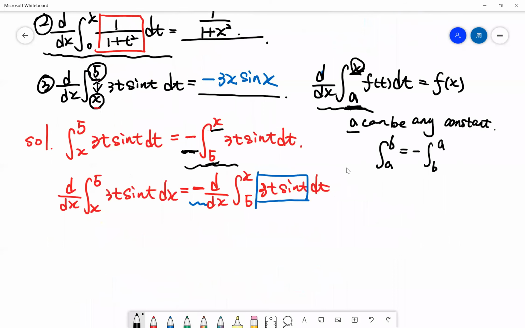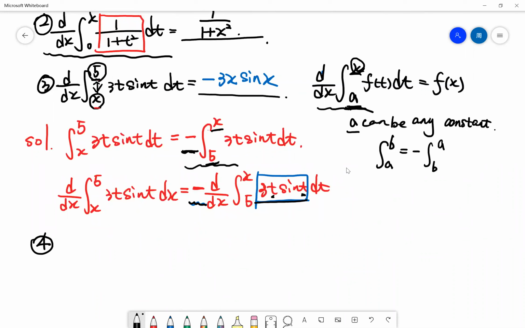First we change it to from 5 to x, and then we find the integrand, 3t sine t, and change all the letters t to x. So that is minus 3x sine x. Okay, guys? And we will have question number 4.